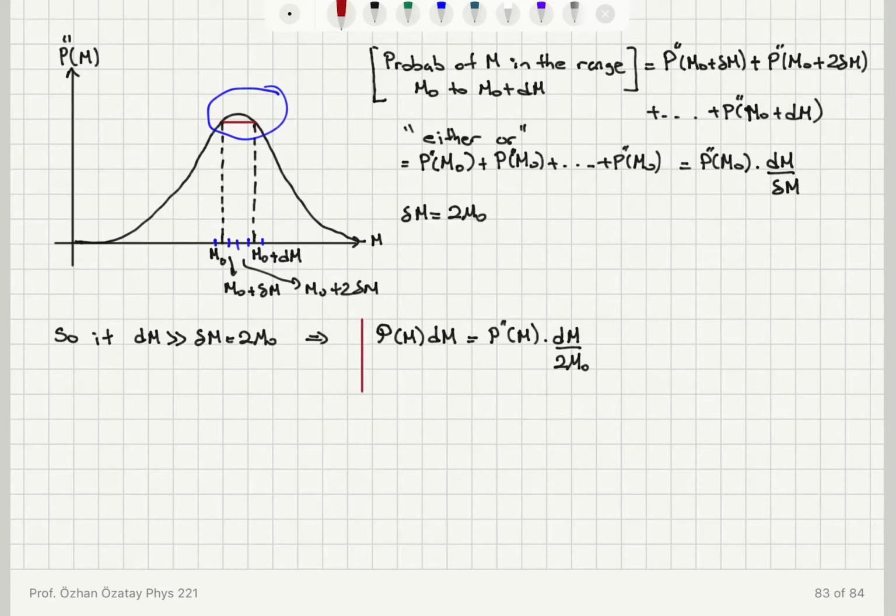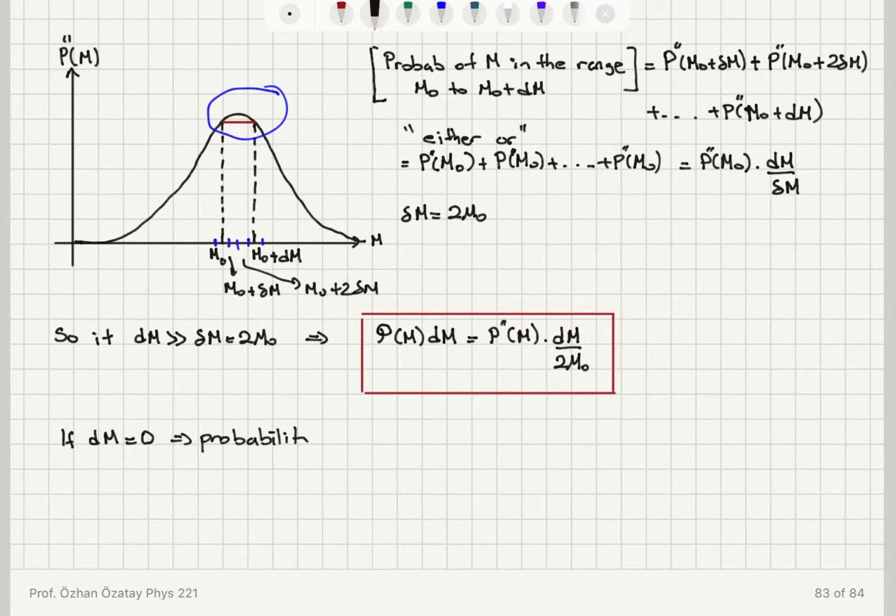So that's how I find the probability distribution function. And I should note that if dm is 0, that means there is no range, so the probability should be 0, because the first number that I pick is not one of those discrete values.